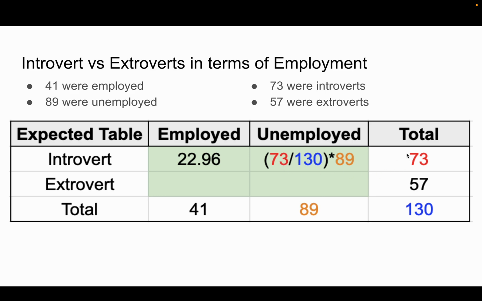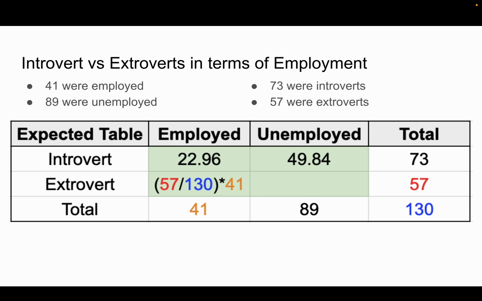I go over to the totals. So I take the total in this row, divided by our total sample size, and multiply it by the total in this column. So 73 divided by 130 times 89 gives me 49.84. And so this is my expected for unemployed in terms of introverts.